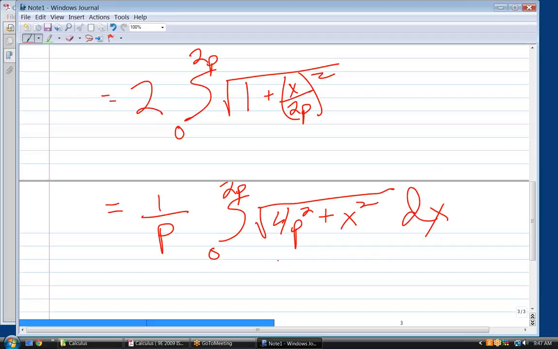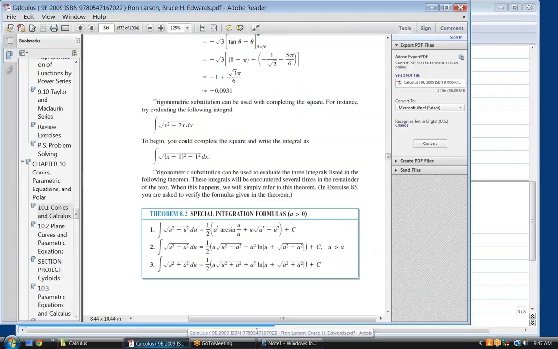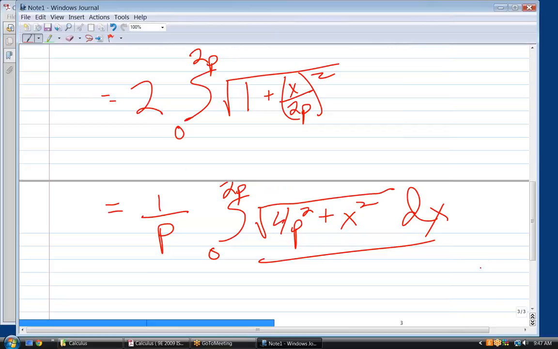Notice that I've gotten it into something that resembles number 3, u squared plus a squared. This is going to be the u squared, this is the a squared. That's a perfect square, that's 2p squared. So the question is how do we get from this step to this step, which in the book they merely call simplification.